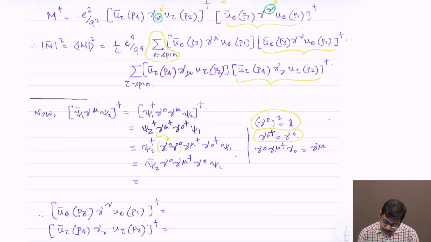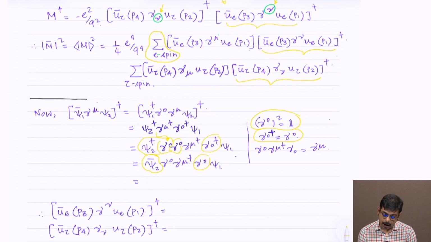If I do that, one of these γ^0 combines with the ψ2† to give me ψ̄2, correct, and one of these γ^0 is left, and this γ^0† is becoming γ^0 here.